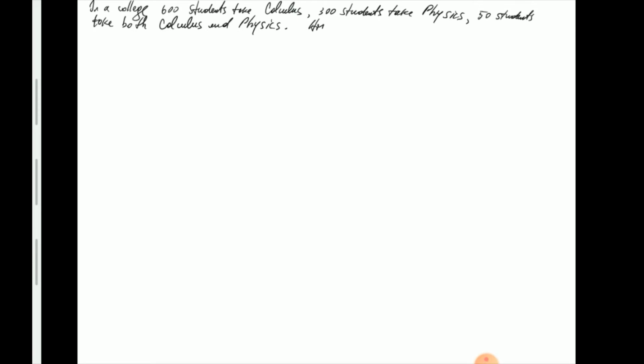How many students in total? It's very similar, but it's asking a different question.